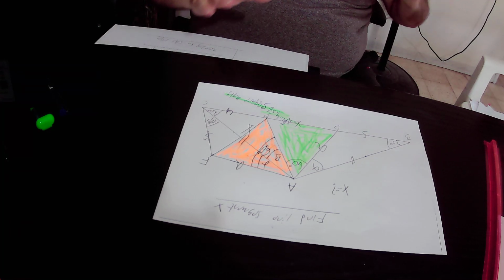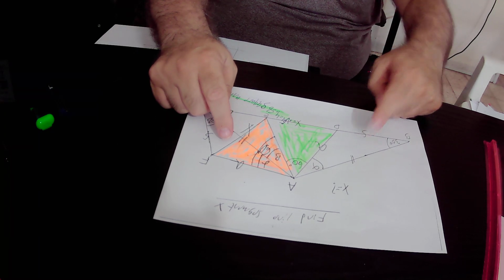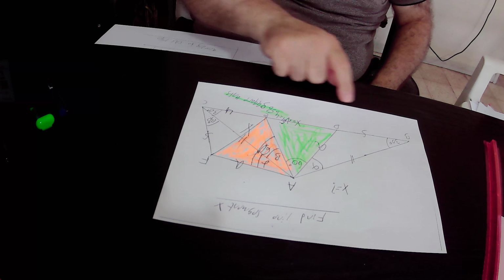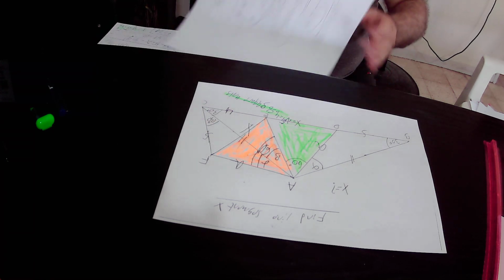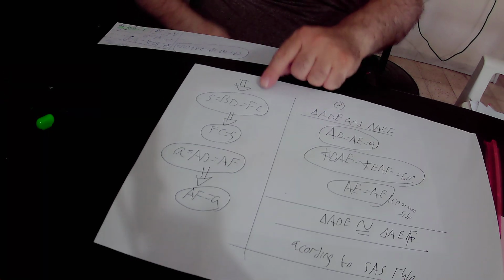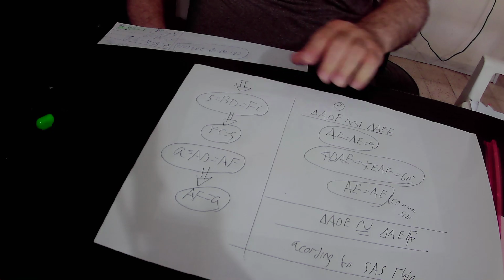And from the fact that those two triangles can go into each other, we will conclude two things. The first thing is that side BD equals side FC, according to the rule that corresponding sides in congruent triangles are equal to each other.